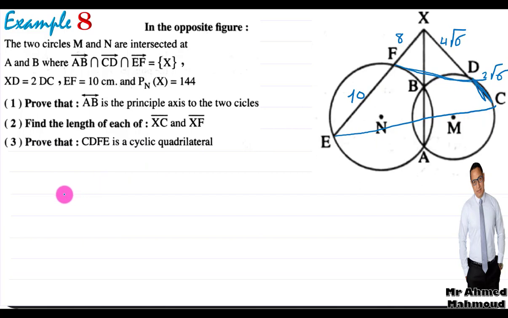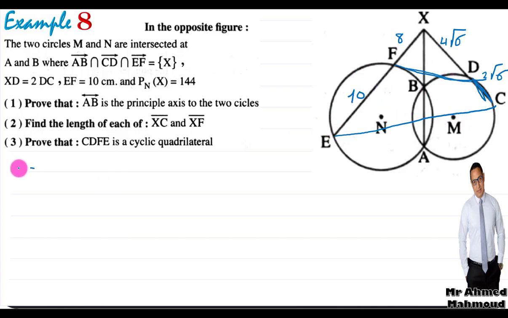Prove that this quadrilateral is a cyclic quadrilateral. We studied before, if we have a point outside a quadrilateral and XD times XC equals XF times XE, then this is a cyclic quadrilateral.